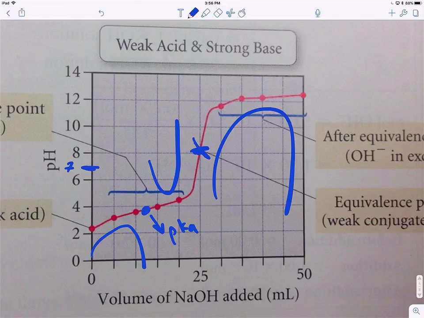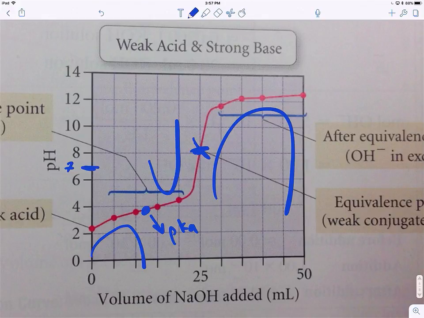It's about right there. And so the pKa of this one is going to be like 3.8, 3.7. If you do it much more carefully, you'll get a much better value for the Ka and then take the minus log of that. But you can look at the graph and get a good estimate from right here.